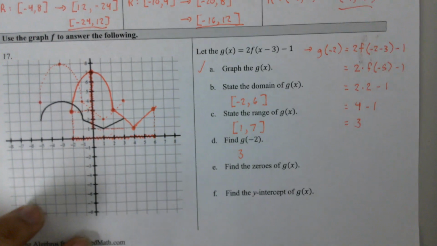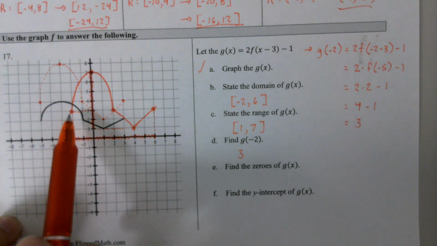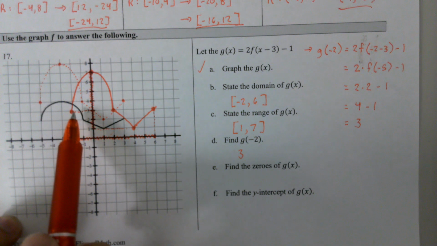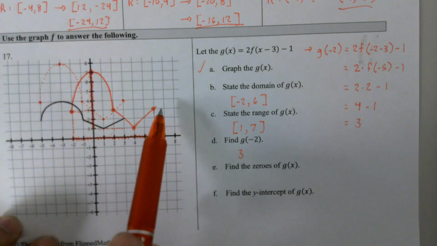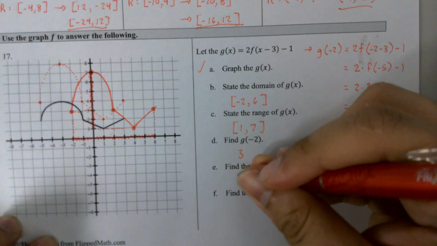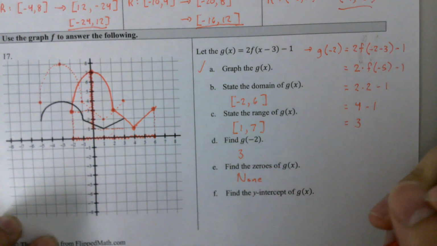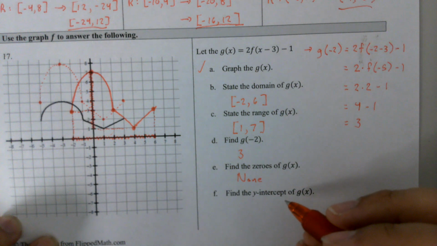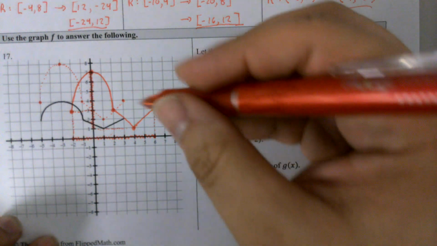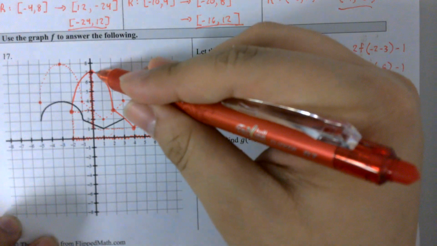So the zeros of g of x are going to be all of the points that touch the x-axis. However, notice that this function exists entirely above the x-axis. So this doesn't have any zeros. However, the y-intercept is where it touches the y-axis. Well, it does touch the y-axis all the way up here.